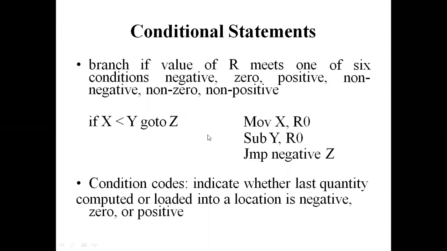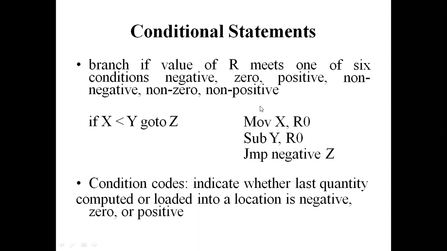And the next is about conditional statements. If you have a conditional statement like this, if x < y goto z, what code sequence do you need to implement for that? For writing the code sequence, first we need to know branch if value. For example, with conditional statements, the register should meet one of six conditions: it may be negative, zero, positive, non-negative, non-zero, or non-positive.